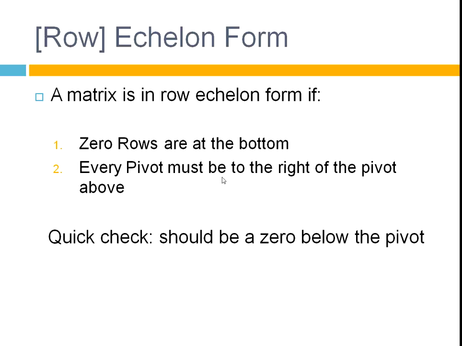And implied by this, which is a quick check that you can use, is there should be a zero below the pivot. So just bear that in mind. When you look at a matrix, you should see the pivots and then see a zero below the pivot. If there's not a zero below the pivot, it's not going to be an echelon form.